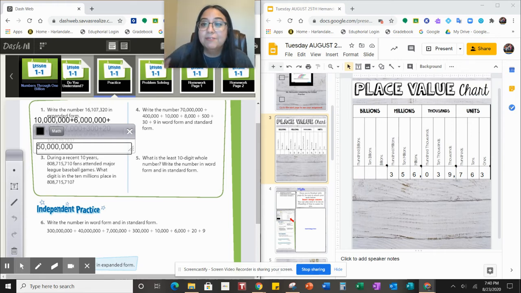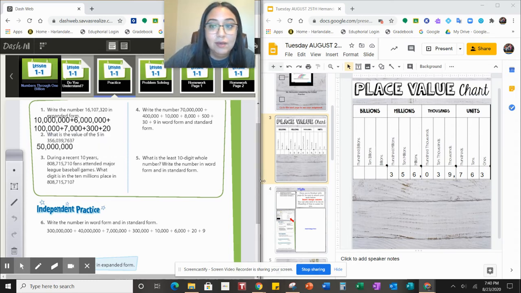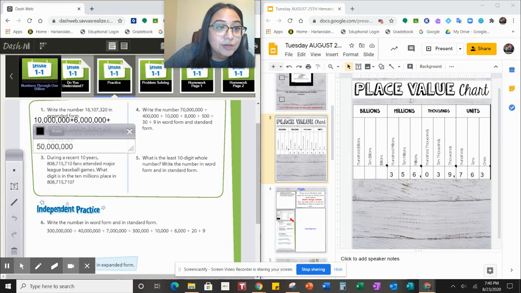So that was 5 10 millions, which is 50 million. Again, you can even put a 5 here, or you can leave your 5 there, and then the rest becomes zeros. So we would have 1, 2, 3, 4, 5, 6, 7 zeros. And let's just check our work real quick. 1, 2, 3, 4, 5, 6, 7 zeros. So we are right. We put the 5 in the right place. We have the right number.